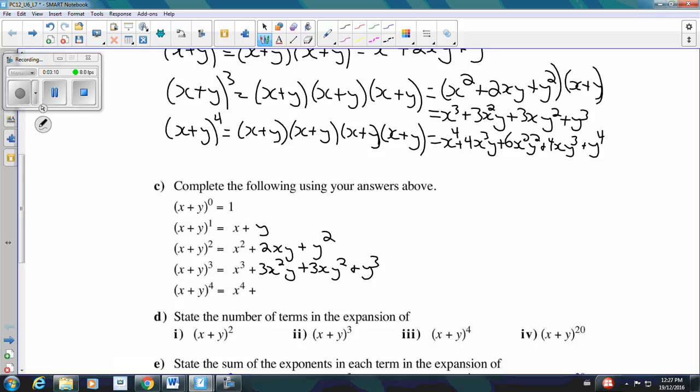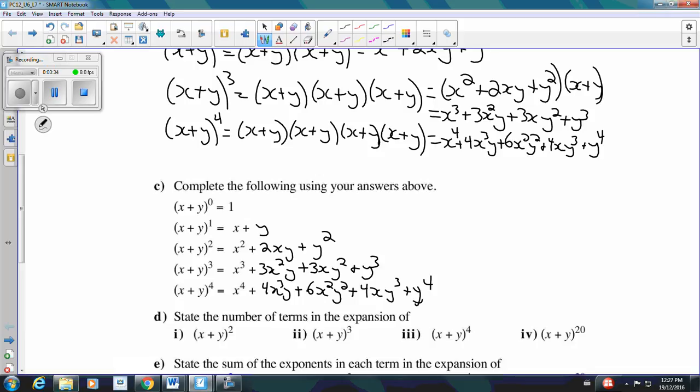And x plus y to the 4 is x to the 4 plus 4x cubed y plus 6x squared y squared plus 4xy cubed plus y to the 4.